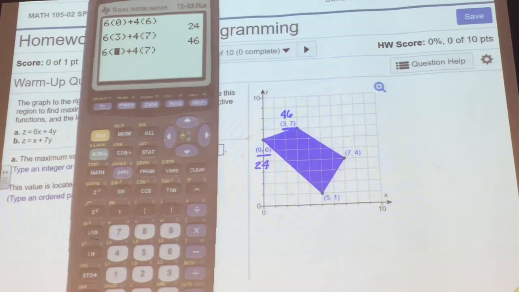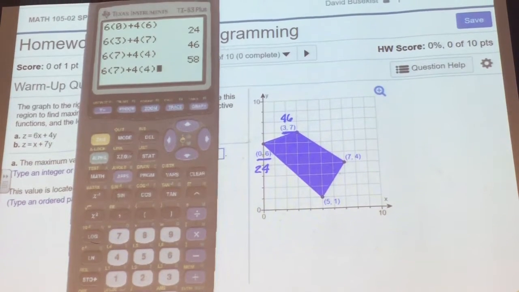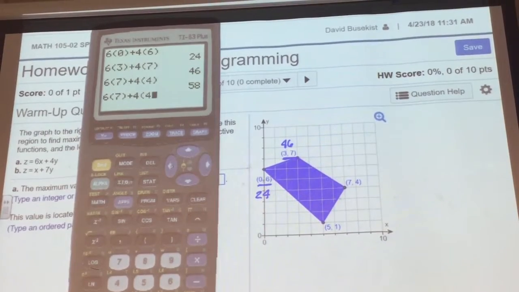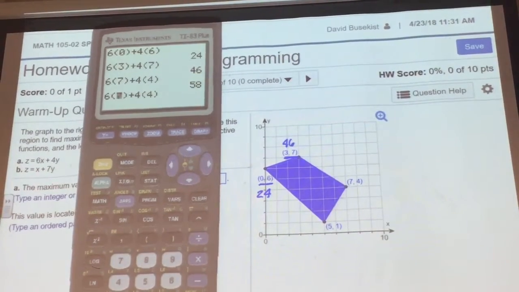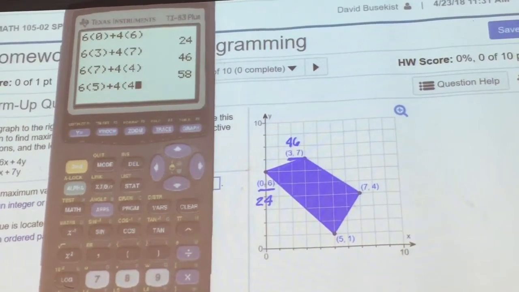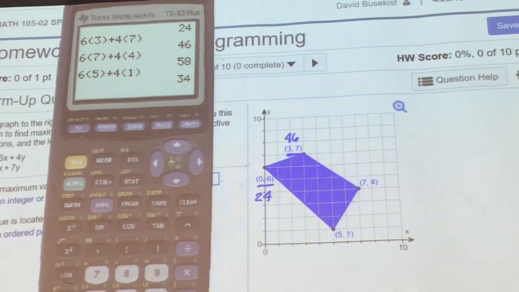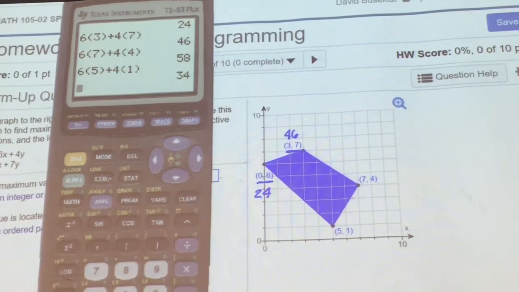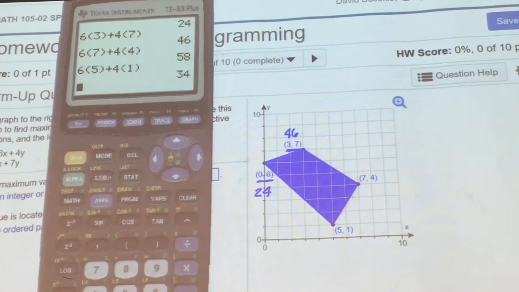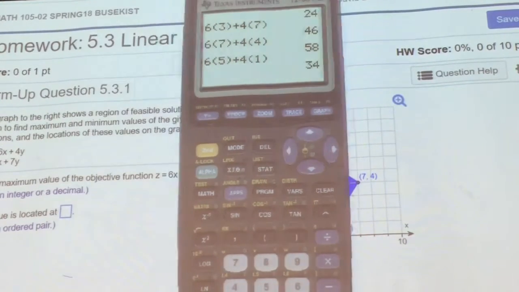I'm looking at 6 times 7, and I'm looking at 4 times 4. And I'm looking at 6 times 5, and I'm looking at 4 times 1. So which one of those values is the smallest value? First one, 24. The first one.